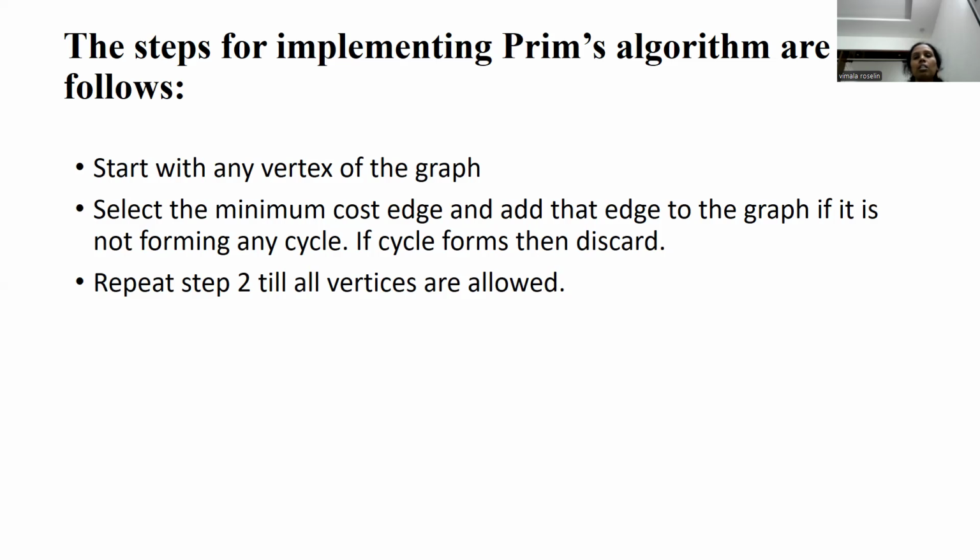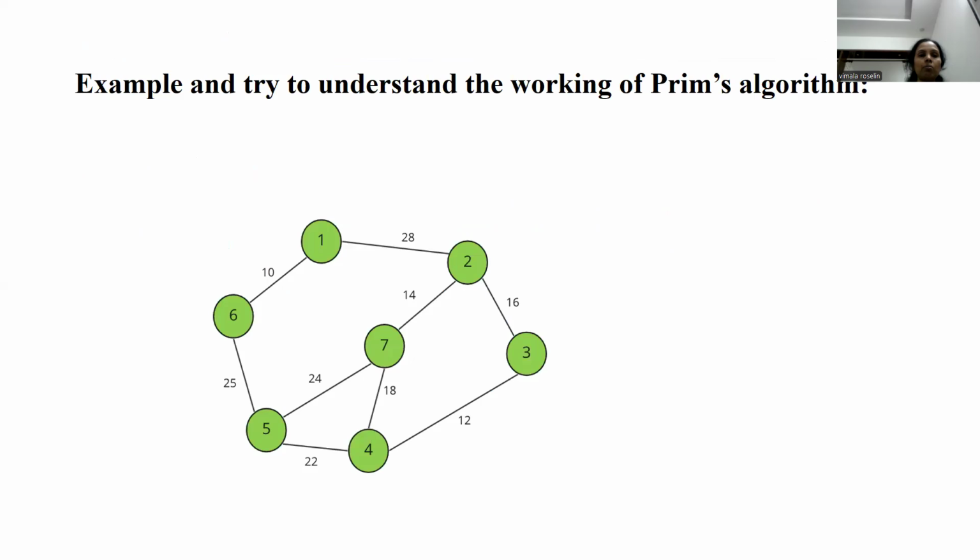If it forms a cycle, we discard it. Third, repeat step 2 until all the vertices are covered. These are the steps we follow when finding the minimum cost using Prim's algorithm. Here they have given one example.